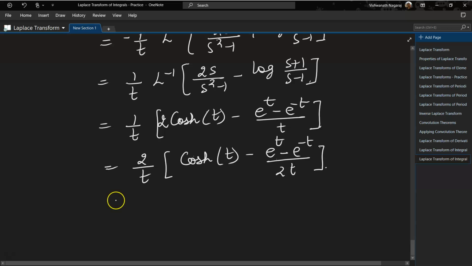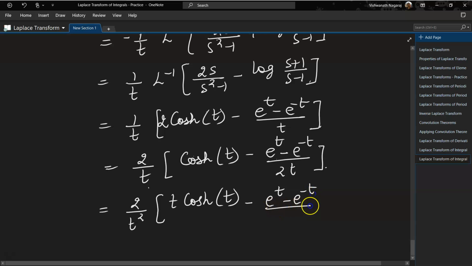We can actually take t also out. Yes, so this becomes 2 by t square if we take one more t out. Now here there is no t, so we have to multiply. So t cos t. So now if you multiply it, one of the t's gets cancelled and you're left with a single t. Minus e to the power of t minus e to the power of minus t by 2.